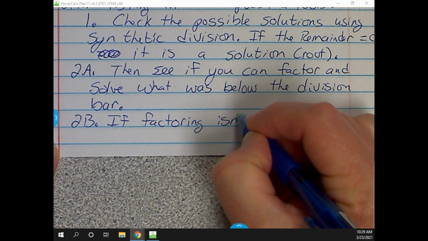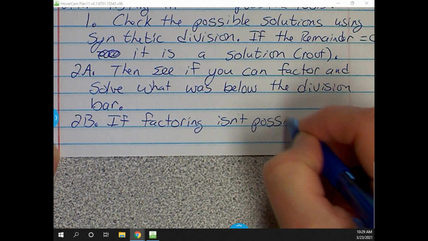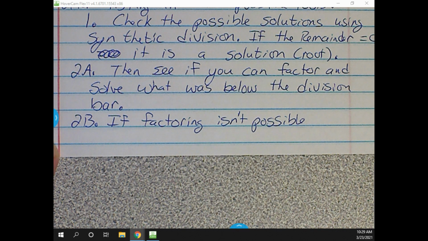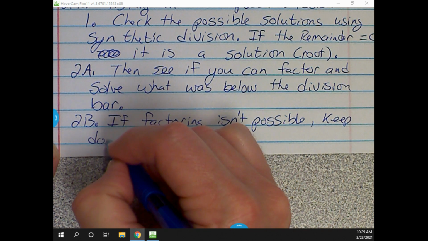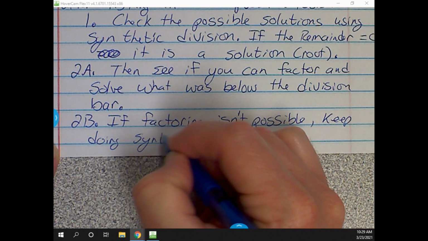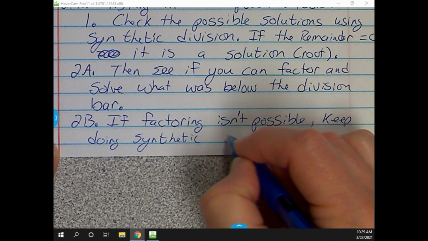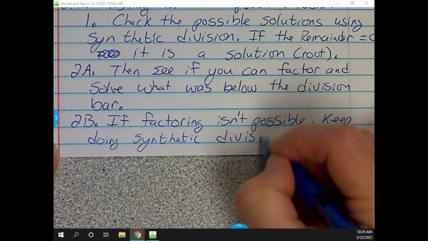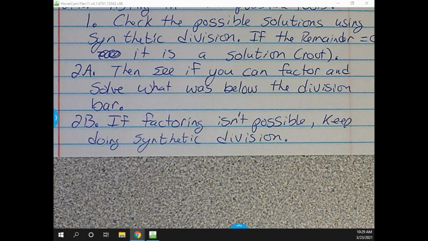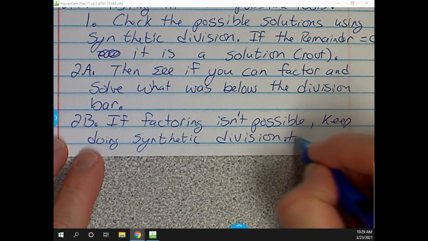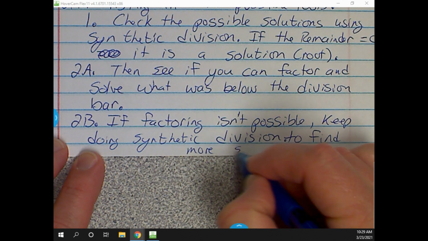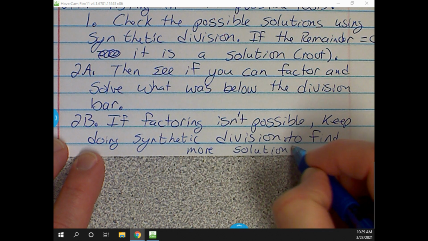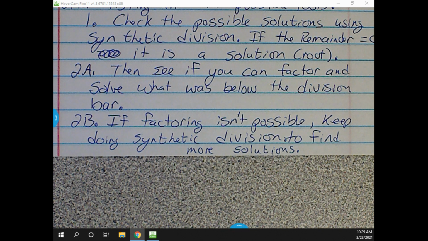So we'll say if factoring isn't possible, then you keep doing synthetic division to find more solutions. Okay, so we're going to do synthetic division to see if we can find one that equals 0.